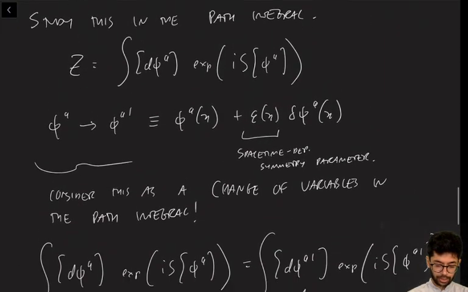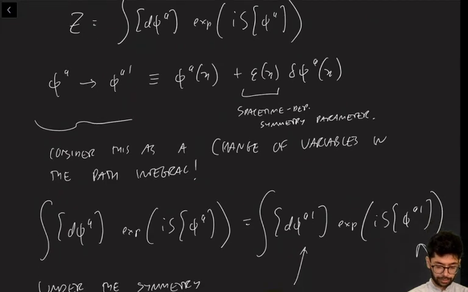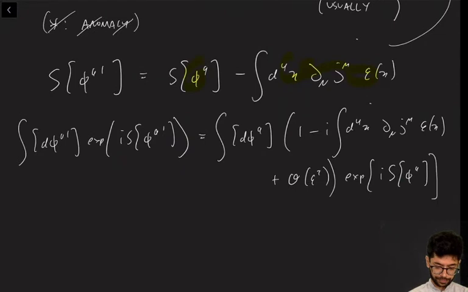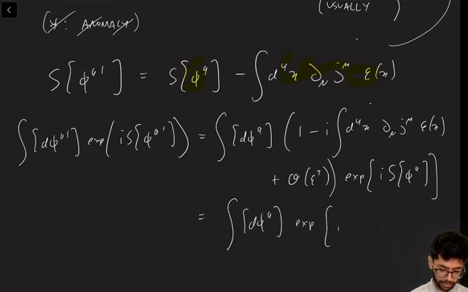And we recall that this whole thing was, of course, equal to the integral of the thing without any primes. So this whole thing is equal to the integral dφ_a times the exponential of iS[φ_a].